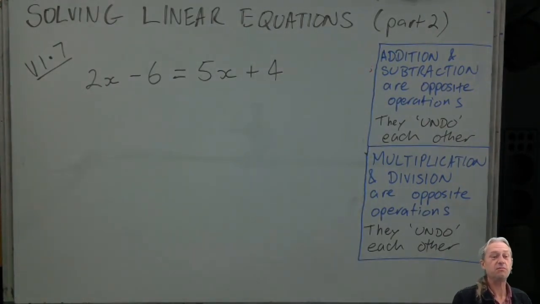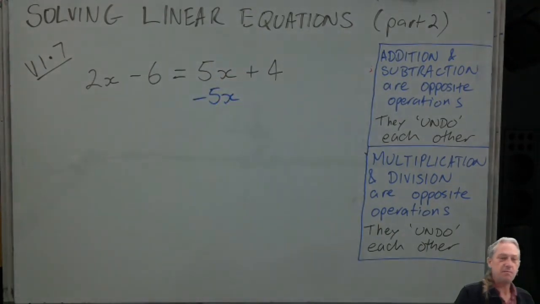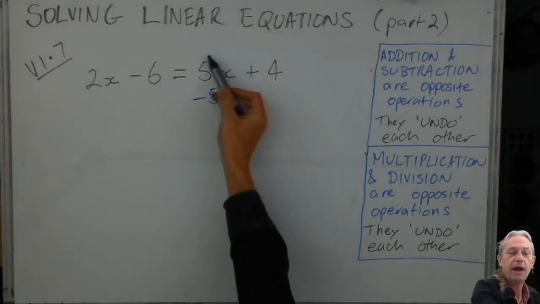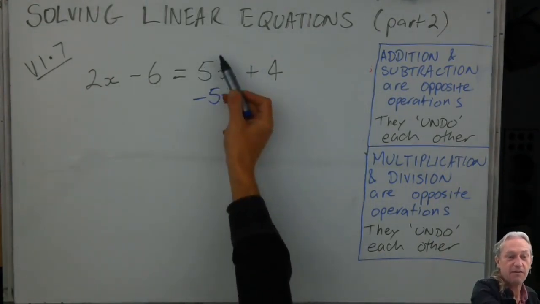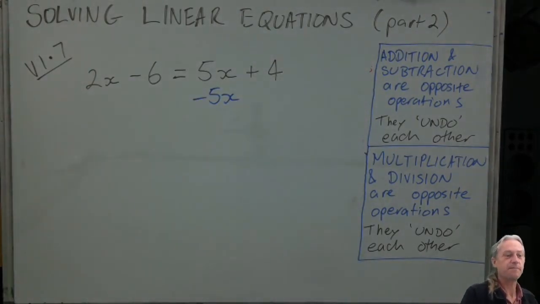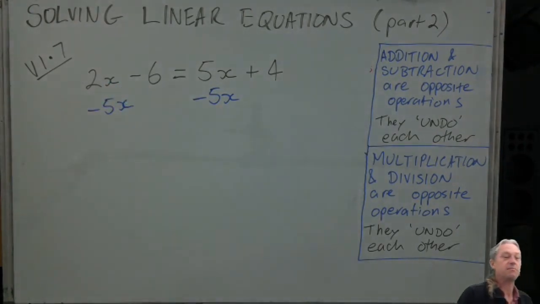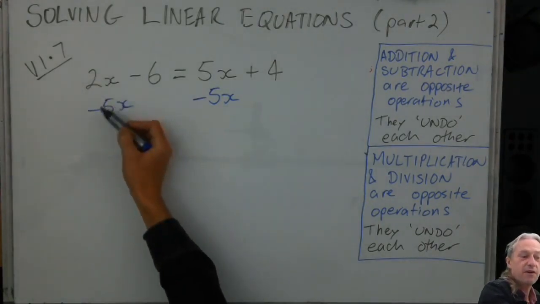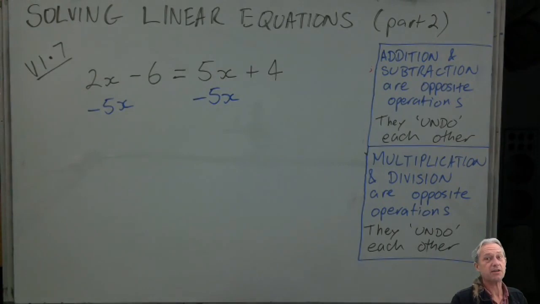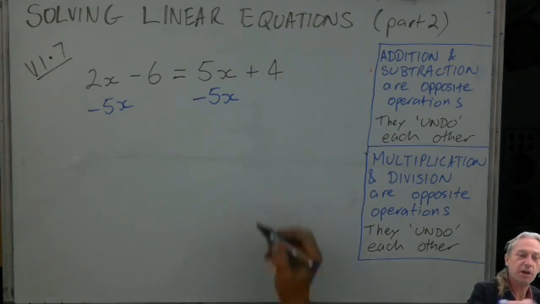So the first thing I'm going to do, actually, yeah, let's do the x's first. So I'm going to subtract 5x here. So this is positive 5x, so we're adding 5x and then we're taking 5x away. So this disappears, it becomes 0, but we have to take away 5x over here. So because the 2x and the -5x are like terms, we can collect them. Nothing is happening to this 6 for the time being.